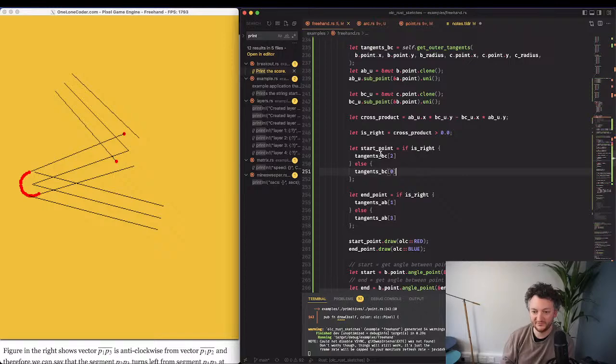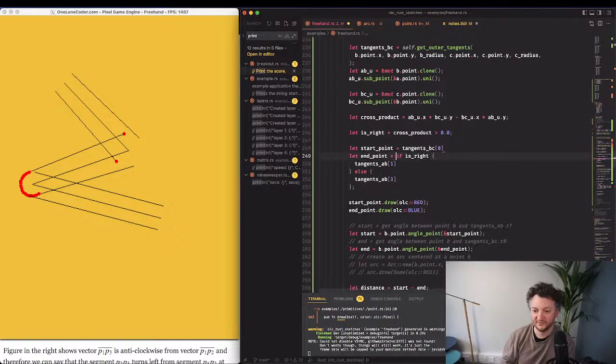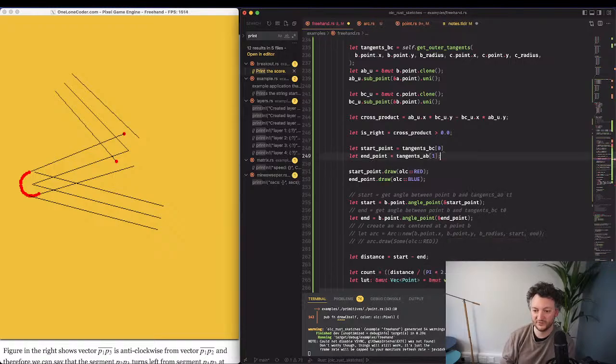Maybe this is always, should this always be this one? And this always be this? This is more in line with what our notes had. I think it was just the, nope. Or should it be the other way around? Should it always be 2 and this should always be 3?